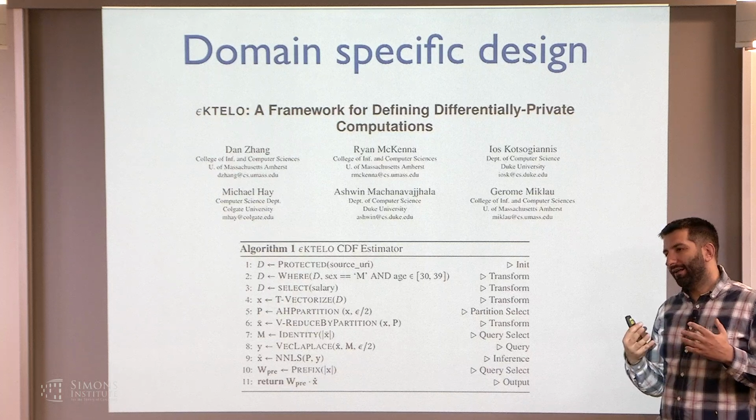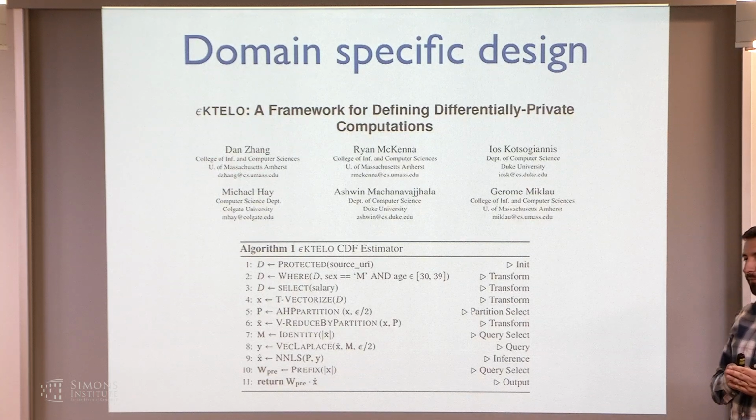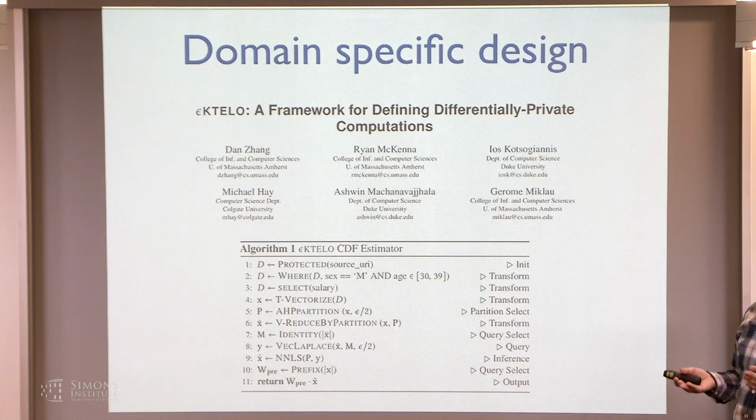Now, for me, we should not stop there, but we should also think about what kind of functionalities we want our language to provide. And I think what this language does is go through what we would need to do linear queries in a good way.